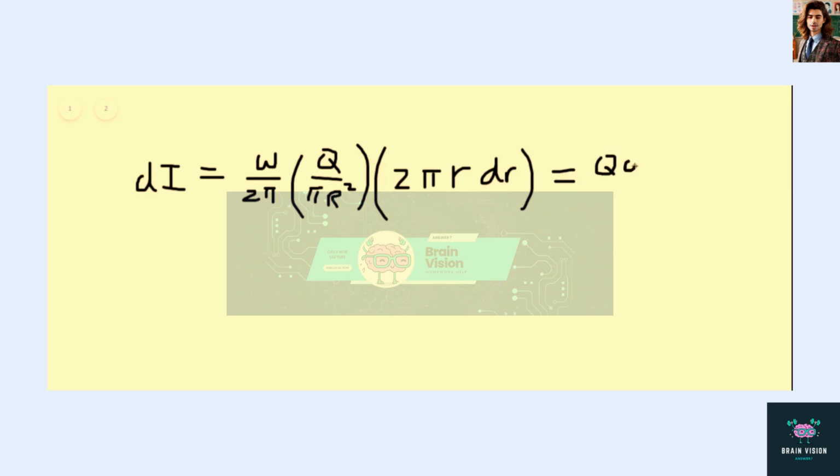This is Qω r divided by πR² dr, d little r.